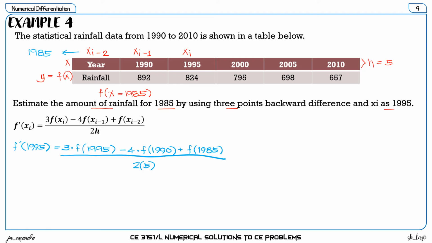From our given, we now have the value of f of 1995. We also have f of 1990. And so we now have two unknowns, f of 1985 and f prime of 1995.